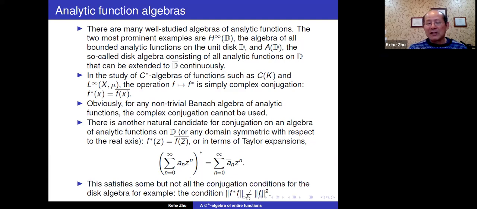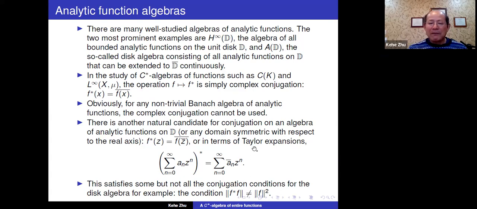The fourth condition, if I use this as my star operation on H infinity or the disk algebra, you can actually check that it is no longer satisfied. And therefore, you cannot make the H infinity and the disk algebra into a C-star algebra using this new operation.